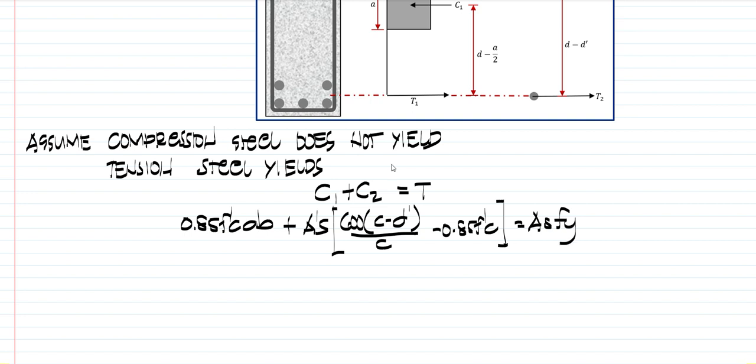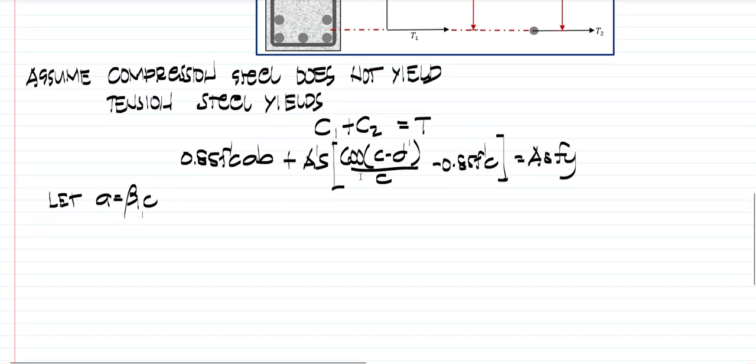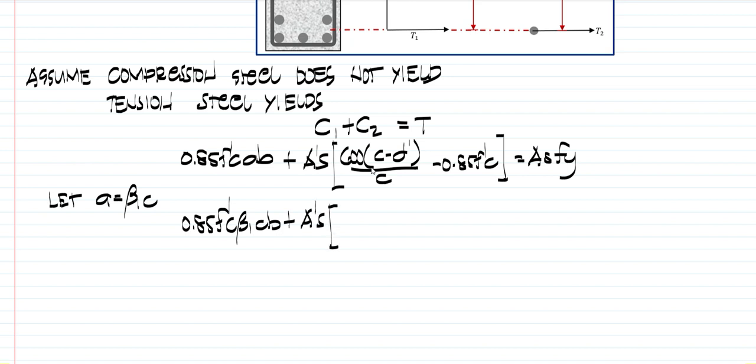So, let a be equal to beta 1 c. Substituting, that is 0.85 f'c beta 1 c b plus A's times 600 times (c minus d' over c) minus 0.85 f'c, equal to As fy.